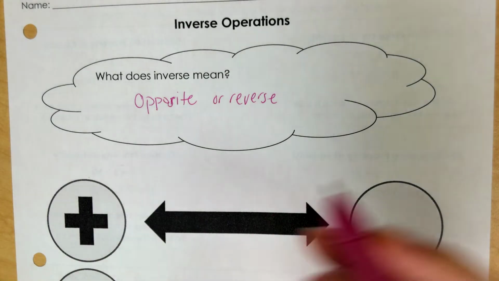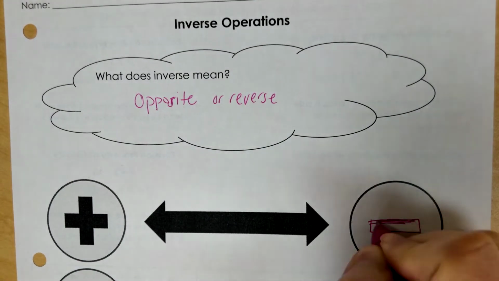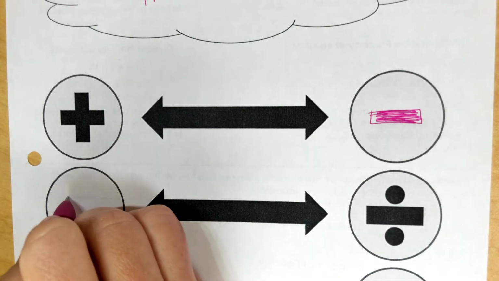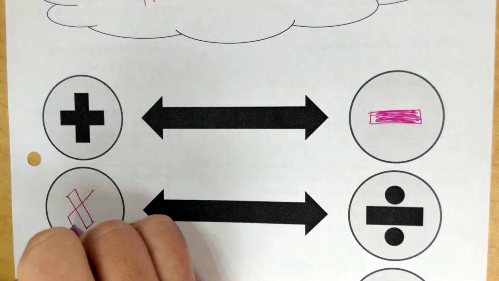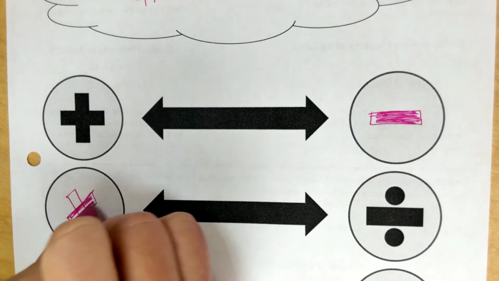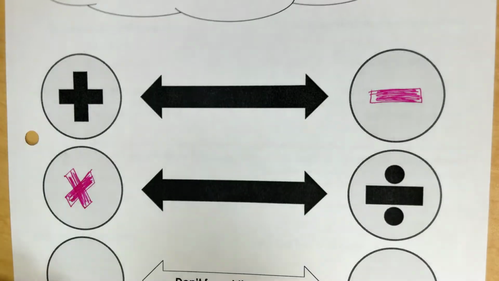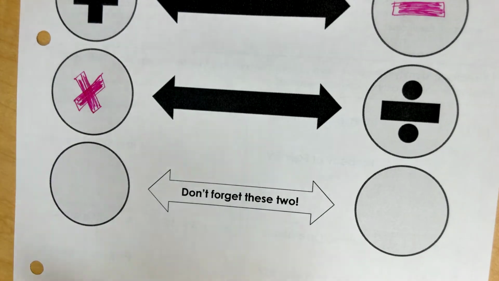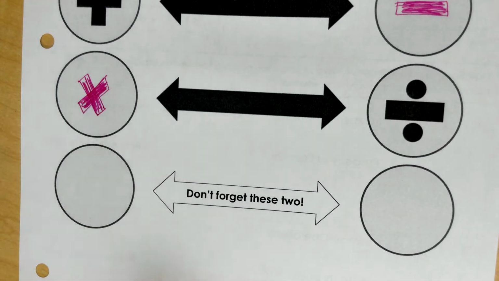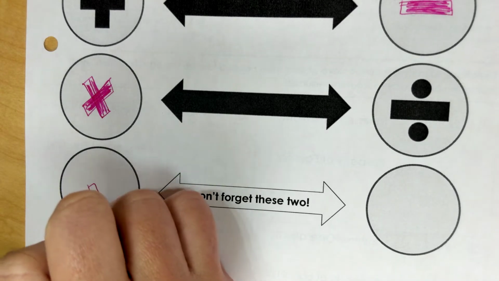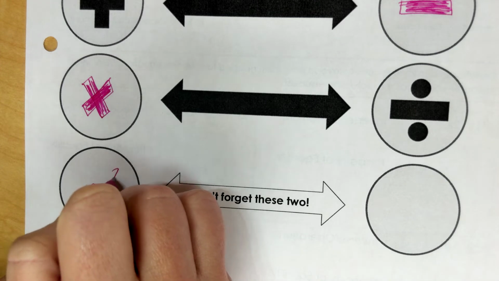So the opposite of addition we know is subtraction. We also know that the opposite of division is going to be multiplication. And then a couple that we don't really talk about because they're still examples of multiplication and division, but it's important to make sure that we talk about these because sometimes we'll come across them and need to know how to work with them in an equation, and that's an exponent.